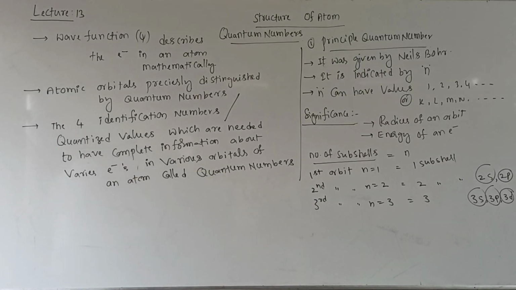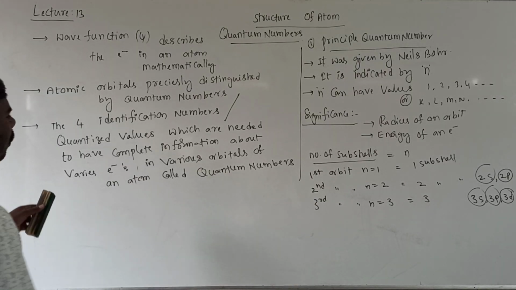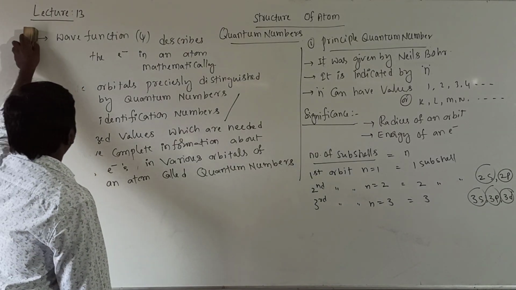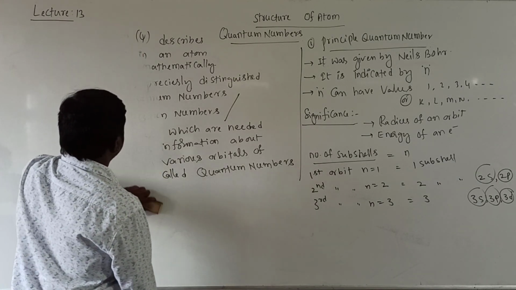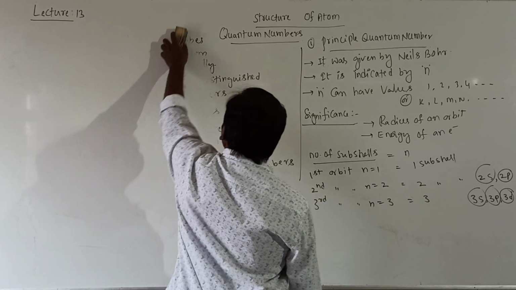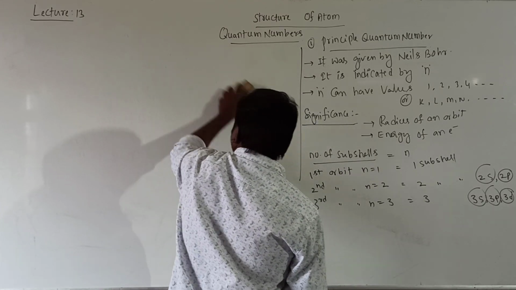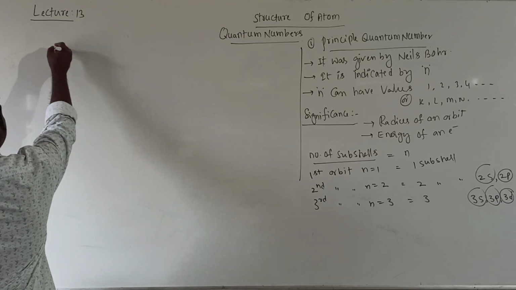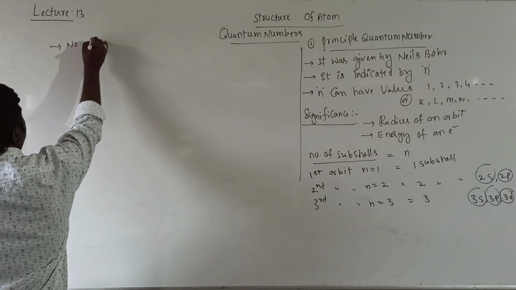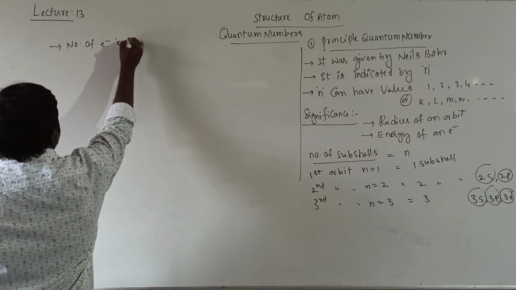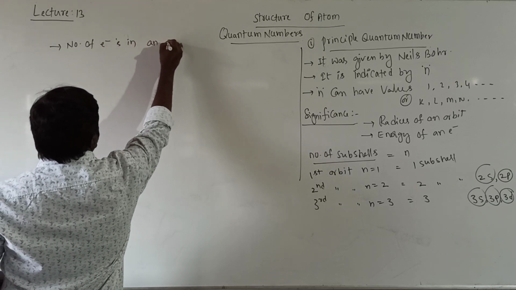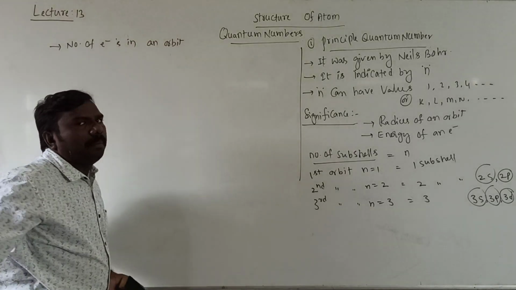Next, the number of electrons in an orbit, nothing but a main shell.